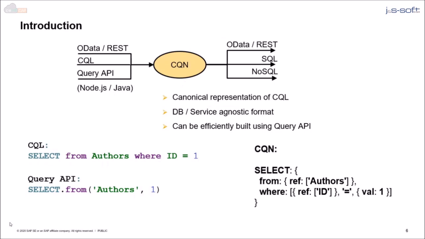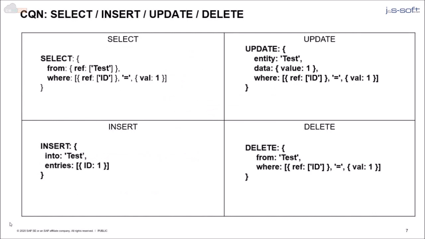And this is basically what I want to talk about, how to use the Node.js query API and how to create the CQN statements and how to modify them. So the recommended way for creating and modifying CQN queries is to use the query API. I don't want to explain this slide in detail. This is just an overview of CRUD operations and how the corresponding CQN JSON objects look.